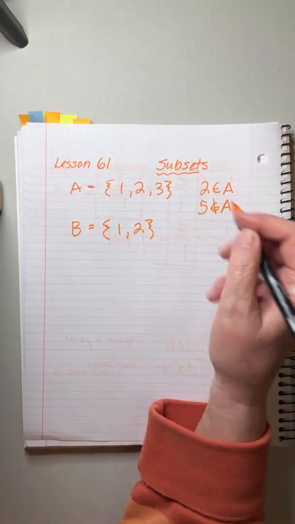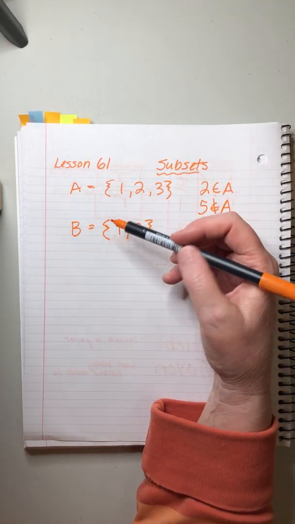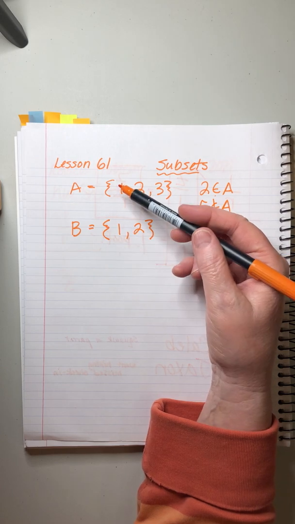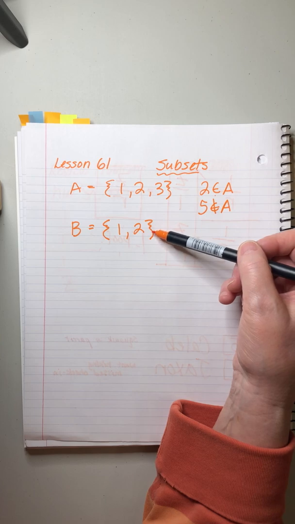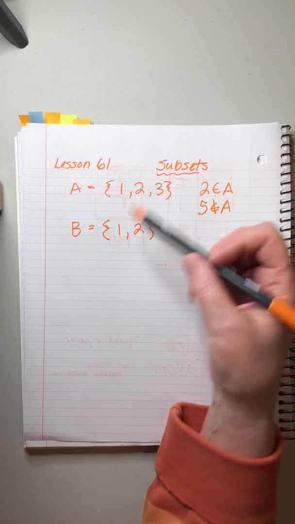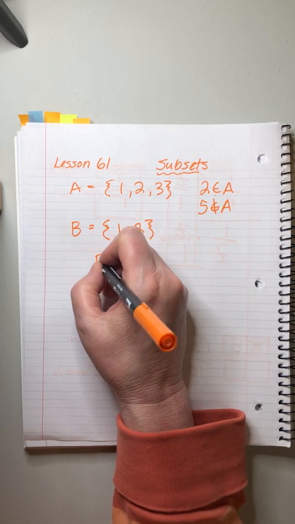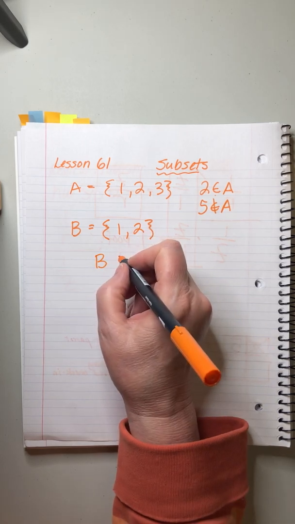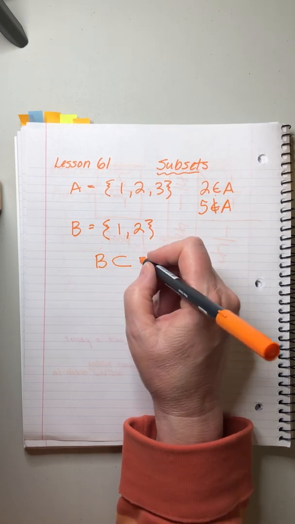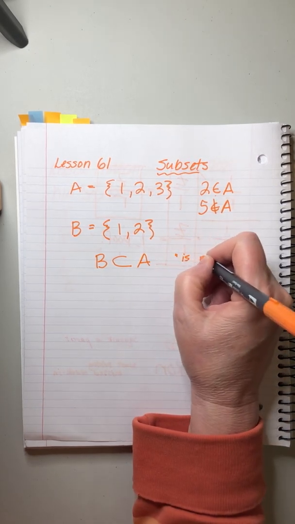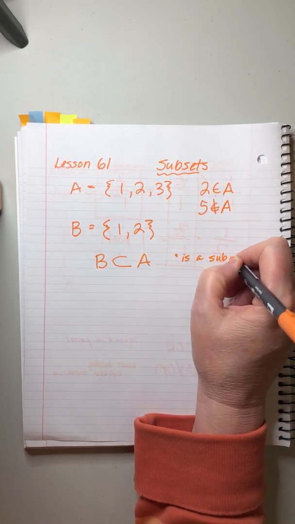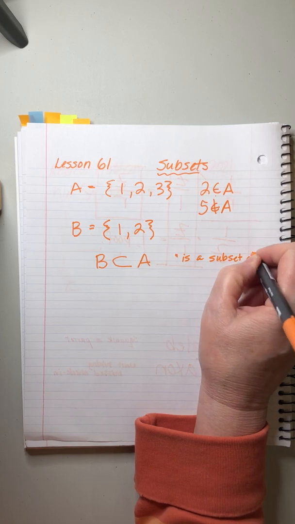And now what we're going to do is talk not just about the members, but about whether one set fits into another set. And we see here that all of the members of B are also members of A. So we can say that B is a subset of A. Is a subset of.